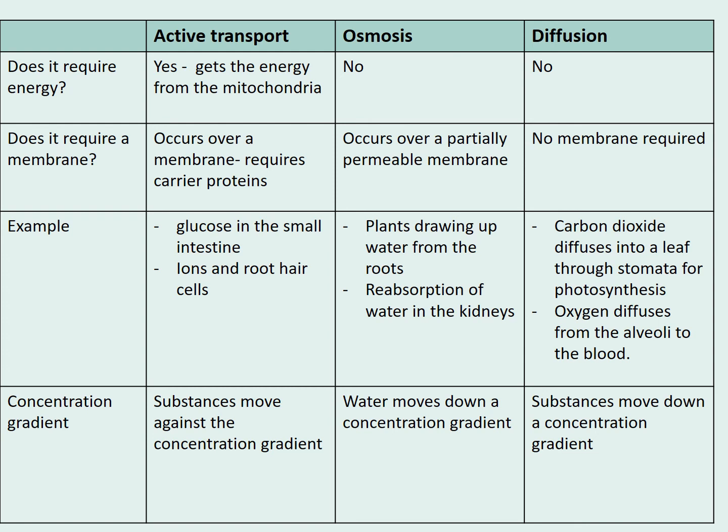You could have talked about the concentration gradient, which you can see at the bottom. In active transport, that is moving things from low concentration to high concentration, or against the concentration gradient. The other two are moving things down a concentration gradient.